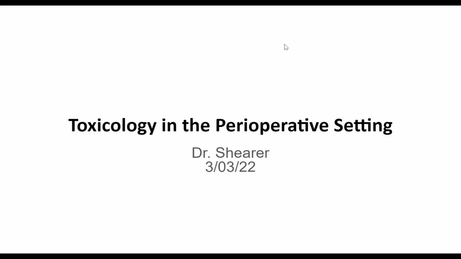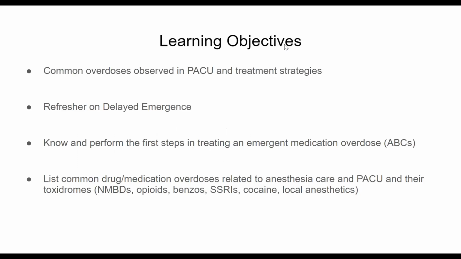I sprinkled in some family photos to just break up the monotony here this morning. So these are a couple of learning objectives. Like I mentioned, common overdoses that we see in the PACU as they relate to anesthesia care, and then talk about delayed emergence.